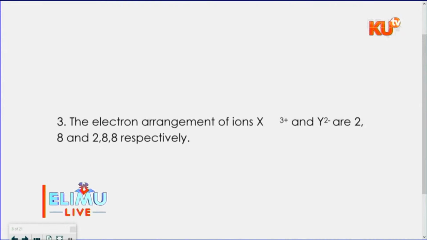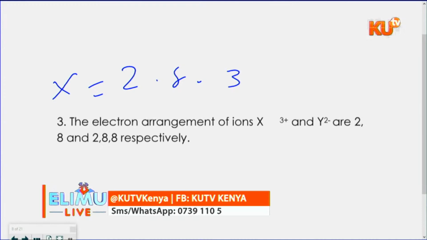So initially it had 3 more electrons. So the electron arrangement of X before it lost them was 2:8:3. So that's the electron arrangement of X.